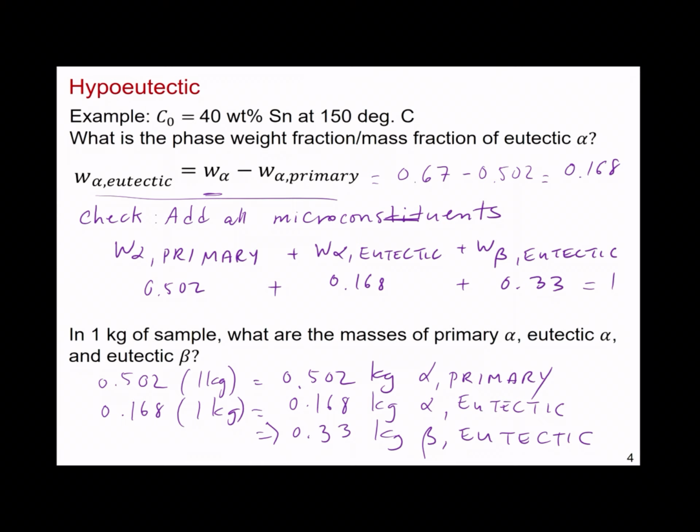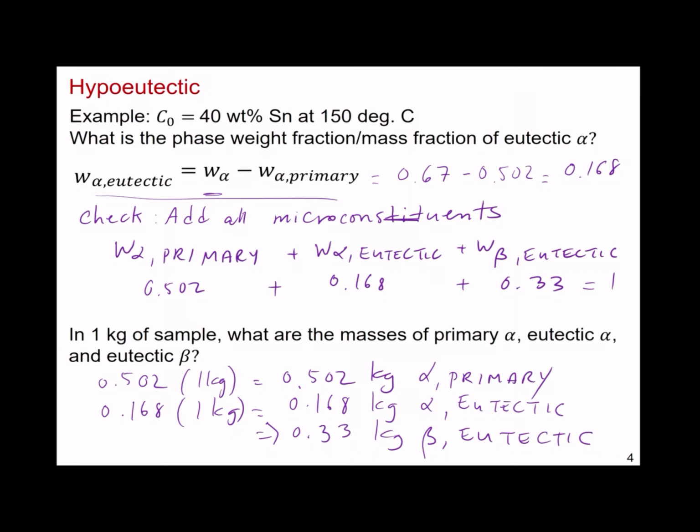Yes, question. Is there primary beta? No, because primary means you're in the pro-eutectic region, right? That means you're above the eutectic temperature. So at 40 weight % tin, when you're coming down and solidifying, you never see beta above the eutectic transition temperature.